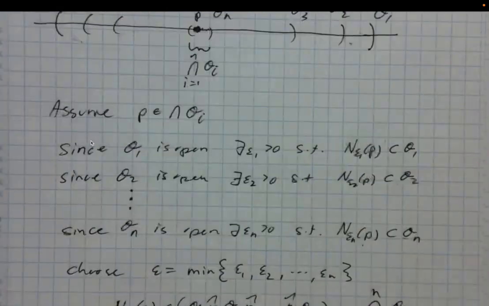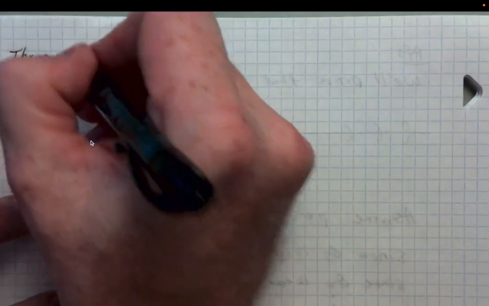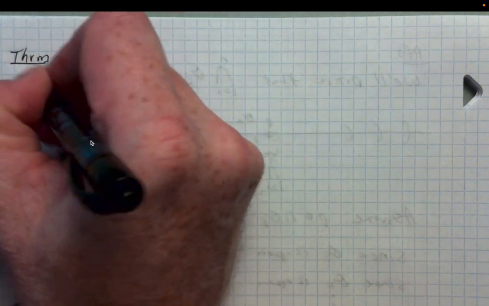Okay, and then we have another theorem that is very similar. It's just the same idea: intersections and unions of closed sets. Okay, so let's take a look at what that one says. Again, two parts, 1 and 2.